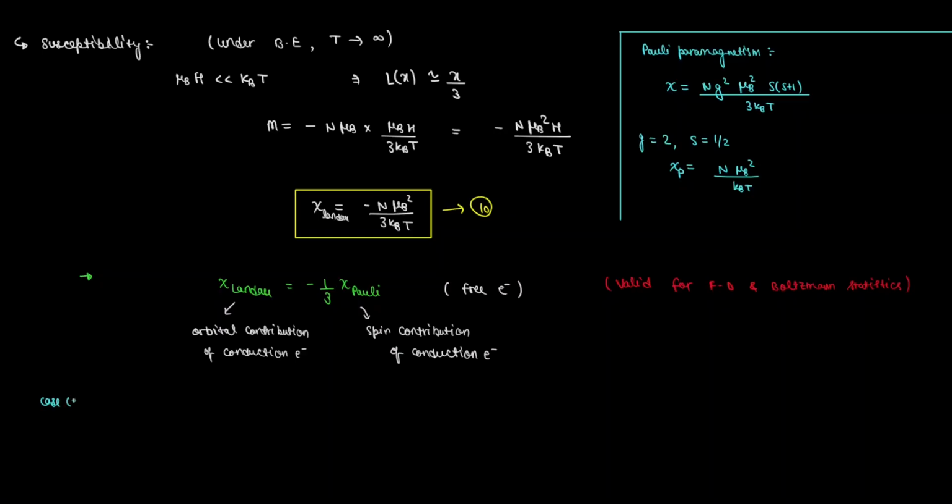But in the limits of high fields and low temperatures, the Langevin function will be equal to 1, meaning that the magnetic moment will approach a saturated value equal to minus n mu b. But this is not observed experimentally.